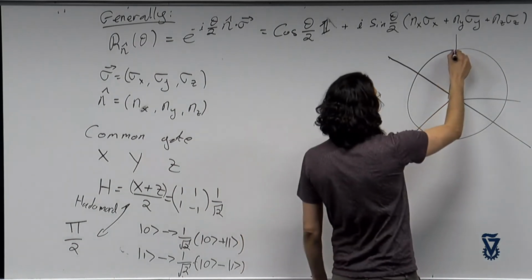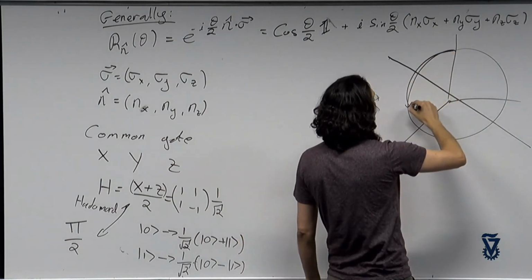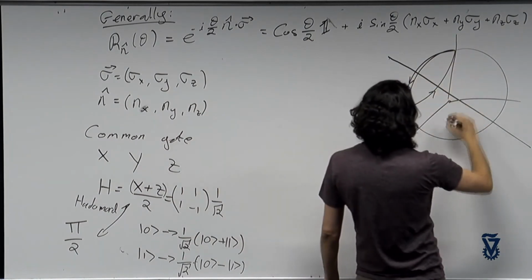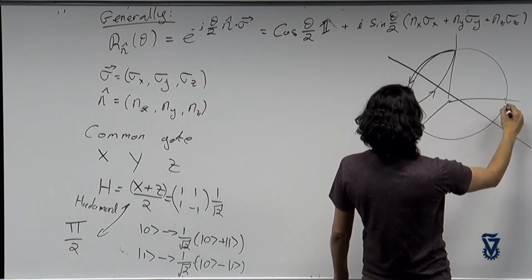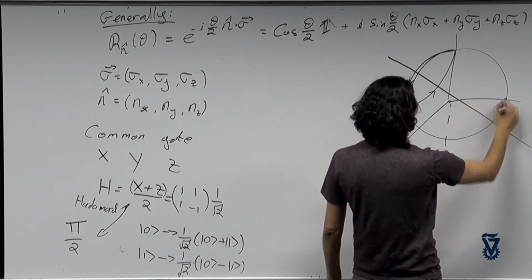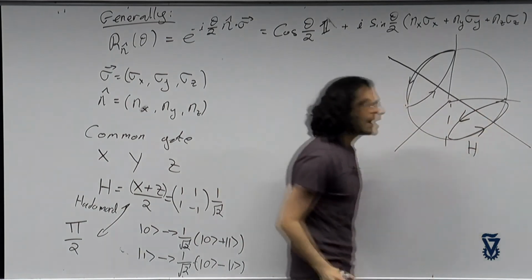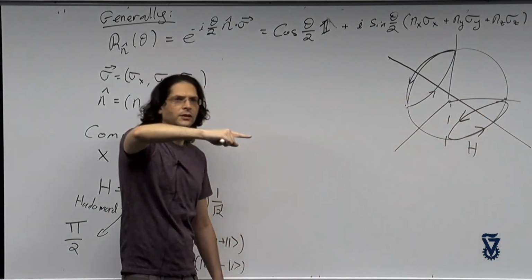So if you're over here, you will rotate over here, and if you're over here, you rotate over here, like this. That's the rotation. So this is what the Hadamard does. A pi over 2 is just a rotation like this.